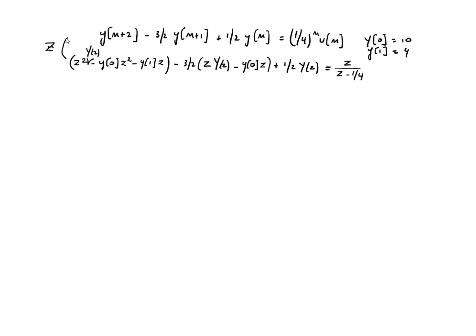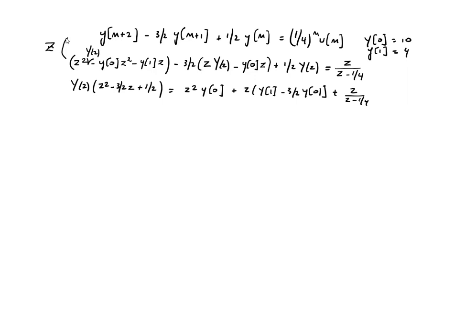So let's put everything which has a y of z up front. So we have here z squared minus 3/2 z plus a half. We put the initial conditions on the other side, so we have z squared y0, and we will have z times, well, y1 minus 3/2, and don't forget to multiply y0, plus z over z minus a quarter.